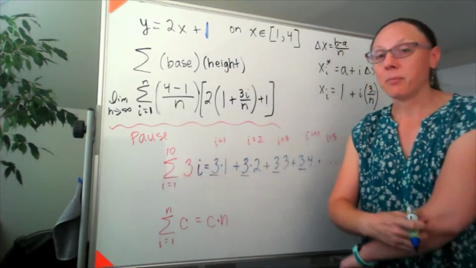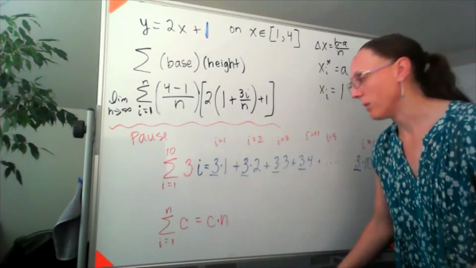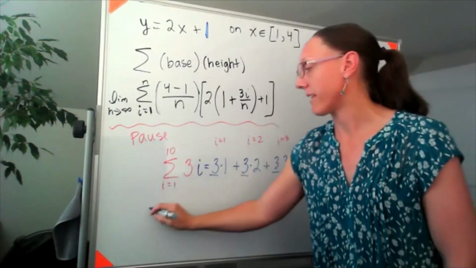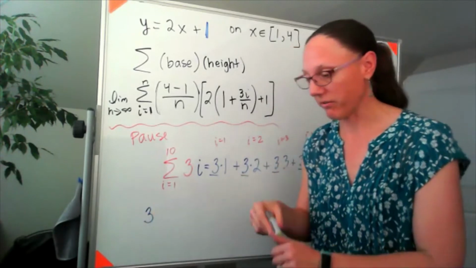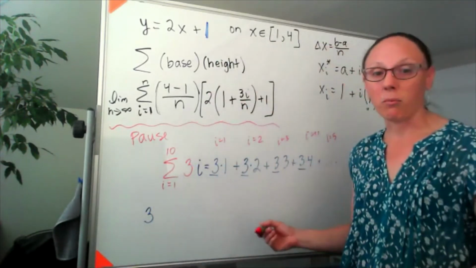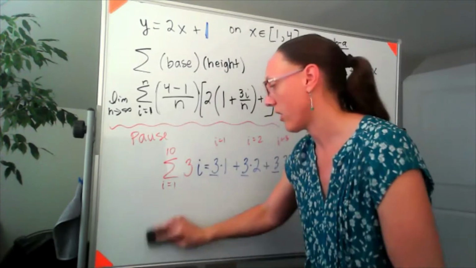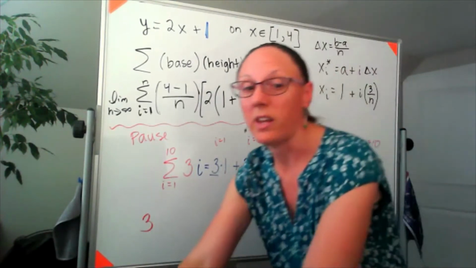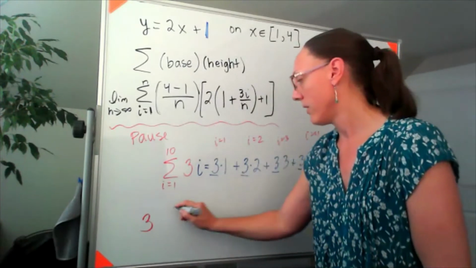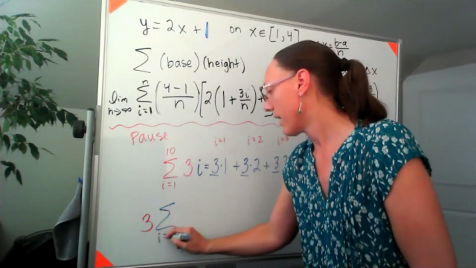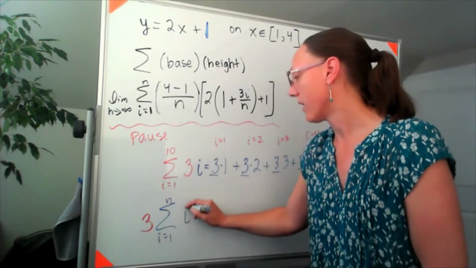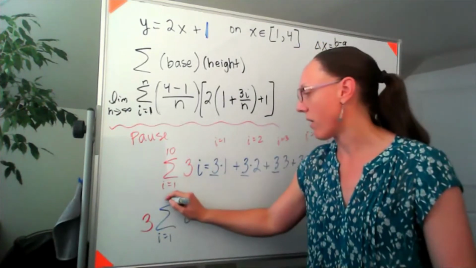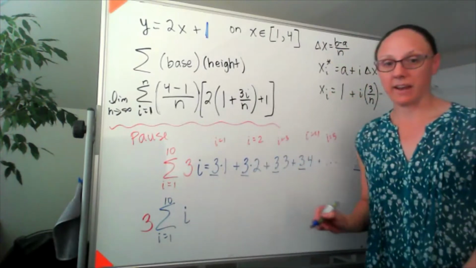Or getting back to the summation notation, I can actually factor a 3 out of the entire sum and have this go 1 to 10 of i.